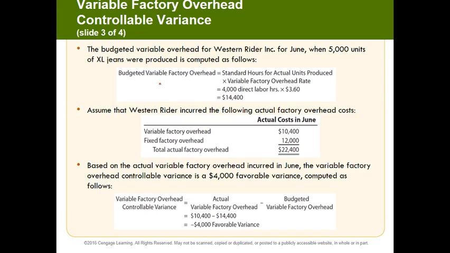We actually experienced 10,400. Based off the budget, the 4,000 direct labor hours that it should take to make the 5,000 units multiplied by 360 would be 14,400. So we actually have a $4,000 favorable variance.